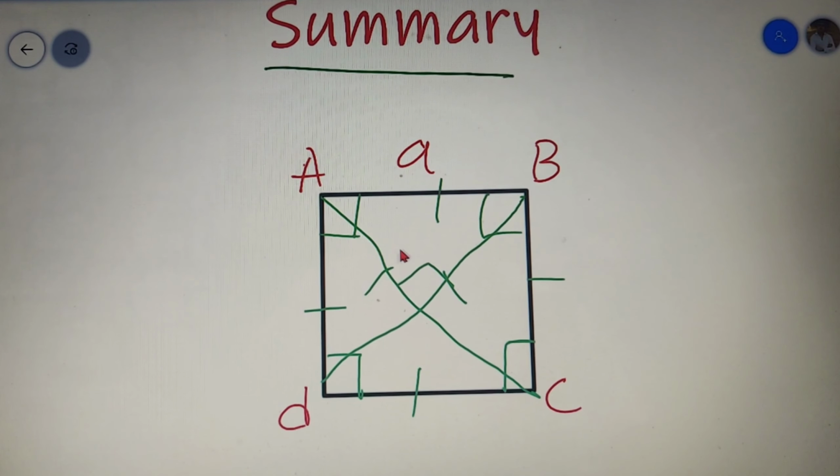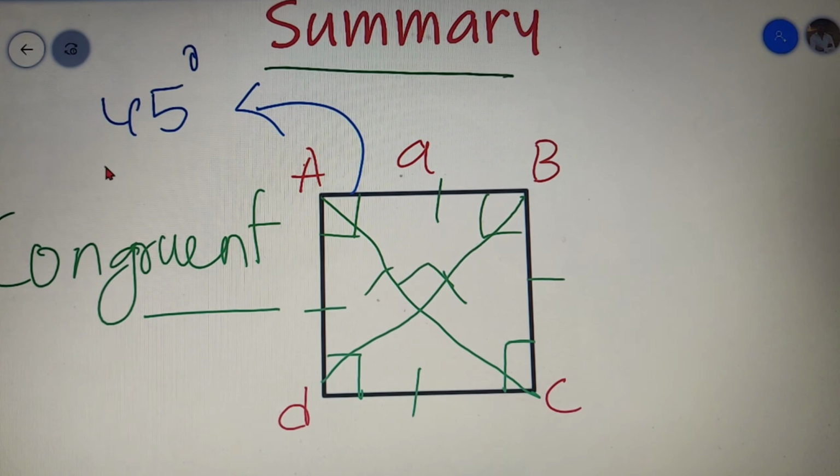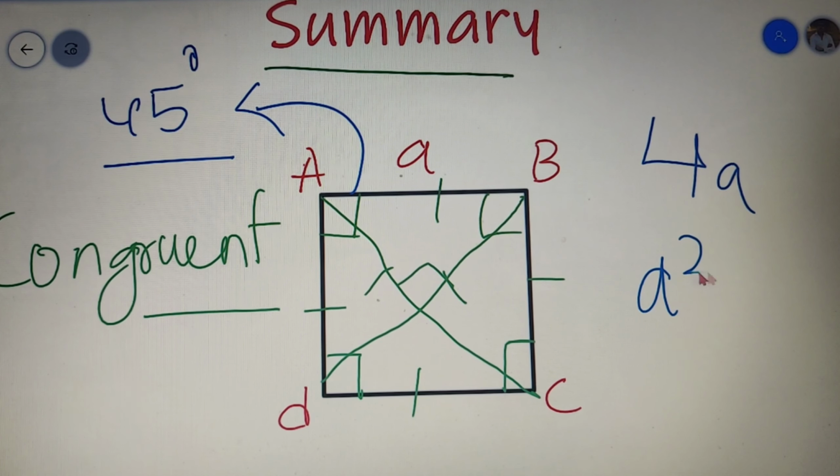The four small triangles formed by the diagonals are also congruent, and the diagonals bisect the angles at the vertices, and each angle is equal to 45 degrees. And the perimeter of a square is 4a, and the area of a square is a square.